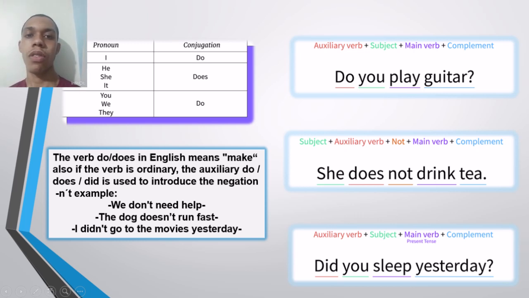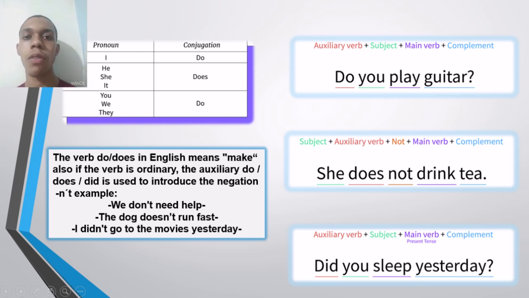The short answer is never answered by repeating the main verb. For example, do you work? It is never answered as in Spanish with the main verb, yes, I work. The answer is done like this: yes, I do.